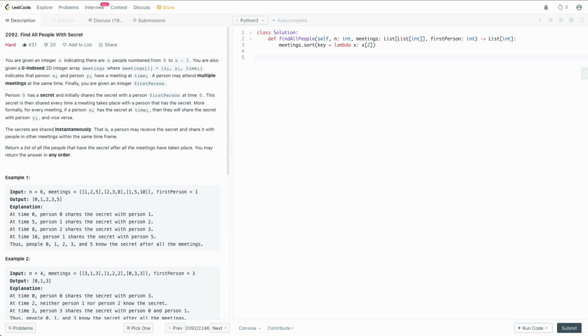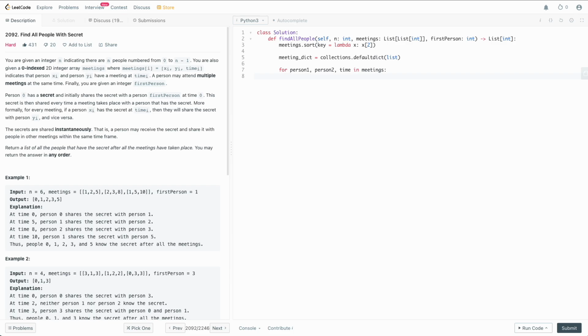Now, remember, we want to make a mapping between all the meeting times and all the people that are meeting at that time. So we're going to say meeting dict is going to be collections.defaultdict list. So basically we're going to store for each time a list of all the people who are meeting then, and we're going to store that as a tuple, and we're going to say for person 1, person 2, time in meetings, right?